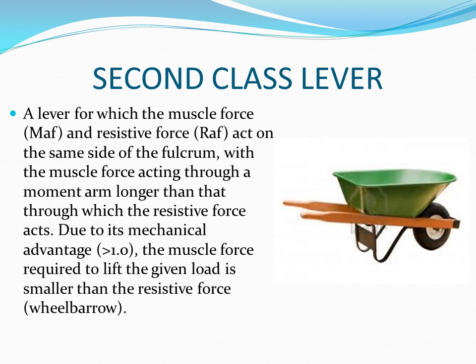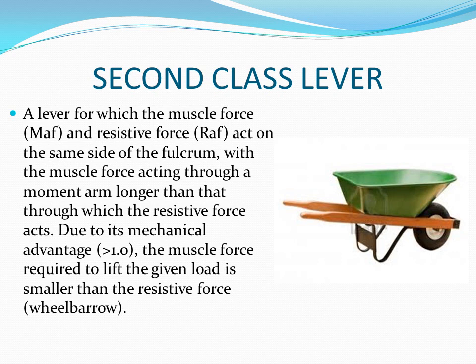So a second-class lever is a lever for which the muscle force and the resistive force act on the same side of the fulcrum, same side of the wheel of the wheelbarrow, with the muscle force acting through a moment arm that is longer than the moment arm through which the resistive force acts. And because the moment arm of the applied or muscle force is longer than the moment arm of the resistive force, this is a leverage system that has very advantageous mechanical advantage.